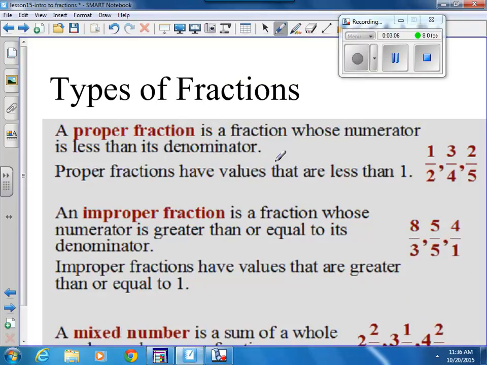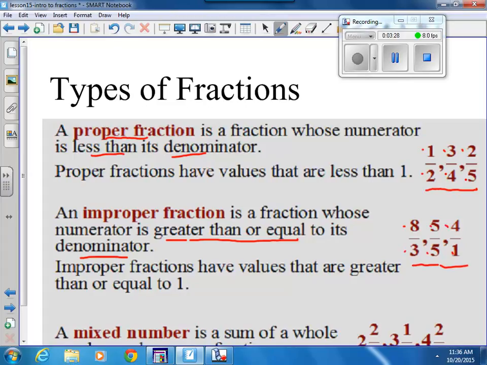Okay, types of fractions, like we said a moment ago. Proper fraction is when your numerator is less than your denominator. So 1 is less than 2, 3 is less than 4, 2 is less than 5. These are all proper fractions. An improper fraction has a numerator that's greater than or equal to its denominator. So 8's bigger than 3, 5 is equal to 5, and 4 is bigger than 1.